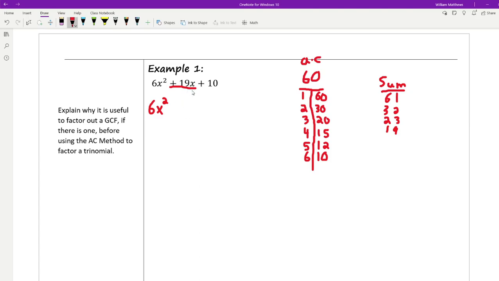Instead of writing 19x, we're going to break it down into the 2 factors that we found, which is a positive 4x. Now this is still in terms of x, and a positive 15x. Still also in terms of x. And then we still have our last portion of the positive 10.